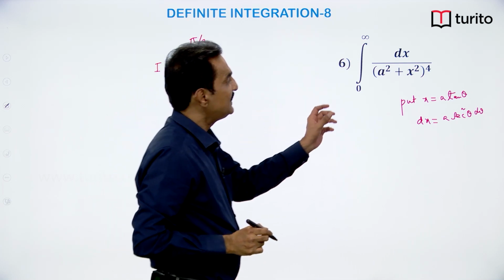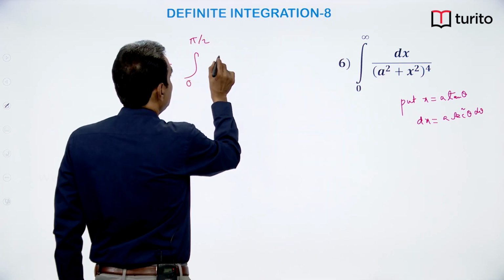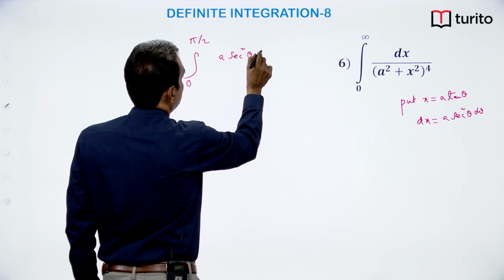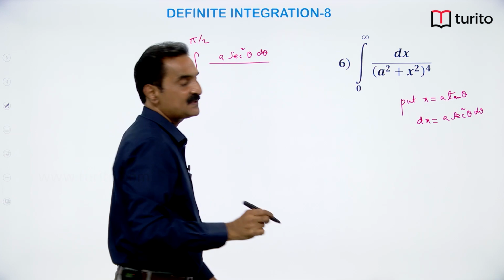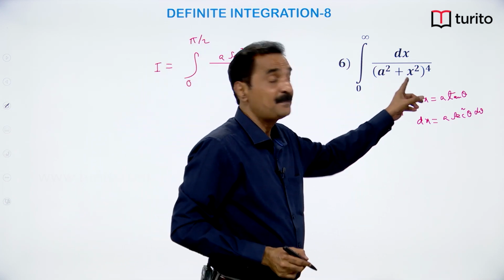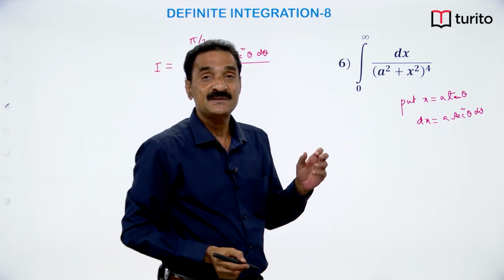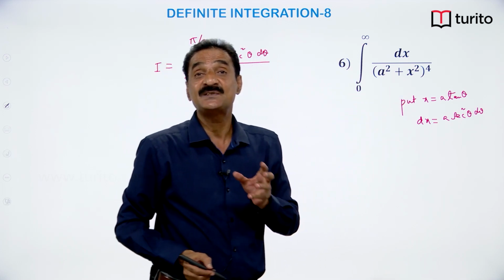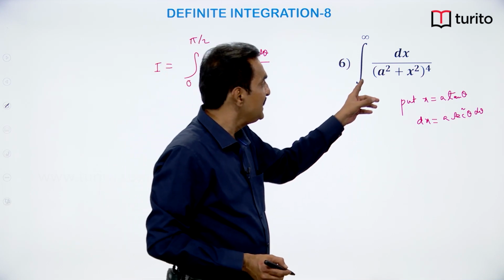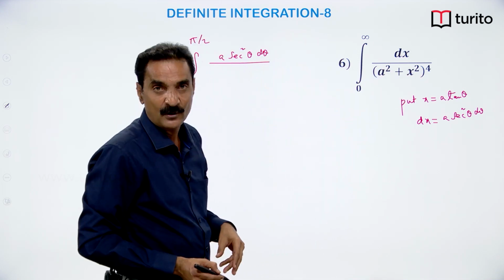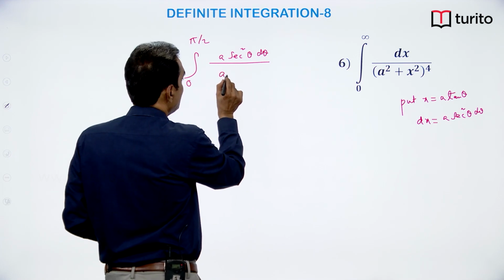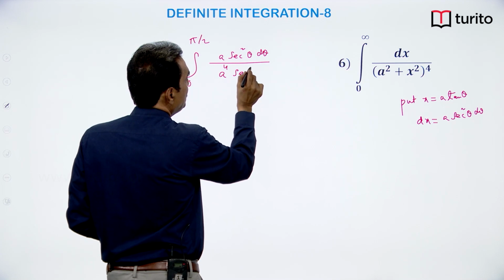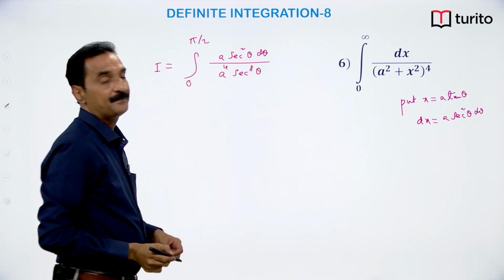Then dx is sec square theta d theta. What is the denominator now? a square plus a square tan square theta is a square sec square theta. A square sec square theta whole power 4 will be a power 4 sec power 8 theta.